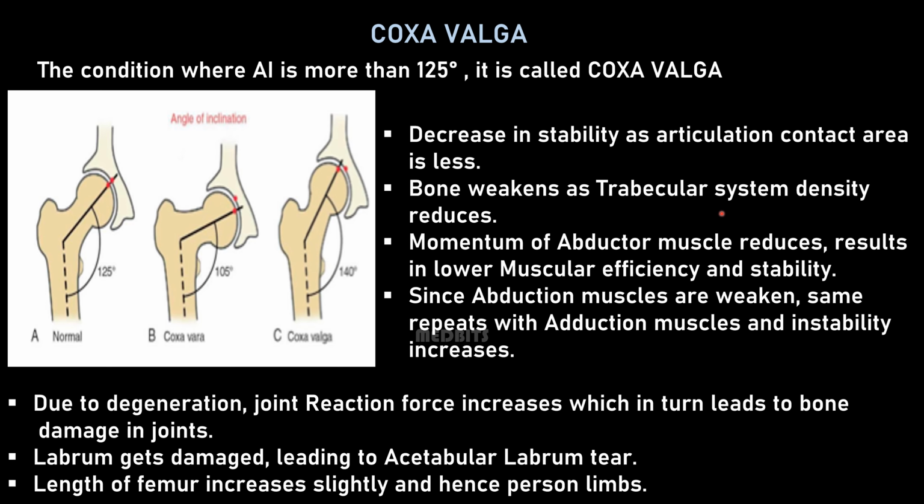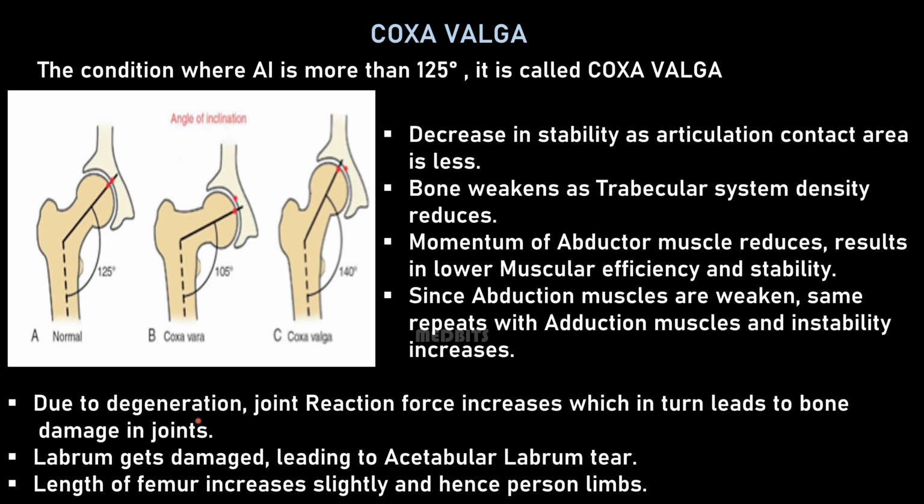The trabecular system is how we get the nourishment to the head and the neck of the femur. Then the moment of the abductor muscles reduces, resulting in lower muscular efficiency and stability. Since abduction muscles are weakened, the same repeats with adduction muscles and instability increases.